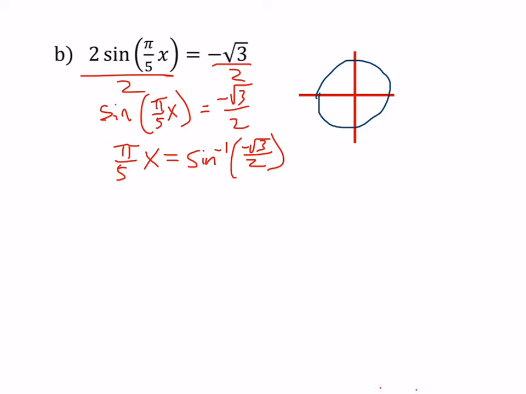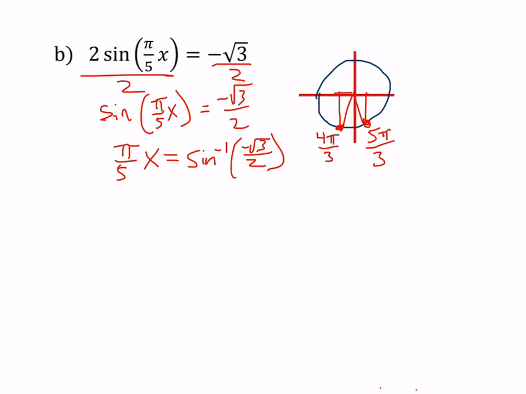Sine is the y value, so that's going to be the larger side of our 30, 60, 90 triangle. So we're thinking over a half, down root 3 over 2, to get this angle right there. Those have a sine, a y value, of negative root 3 over 2. This one right here is 4/3 pi, or 4 pi over 3. This one is 5/3 pi, or 5 pi over 3. So there are 2 angles on the unit circle that have this particular sine.